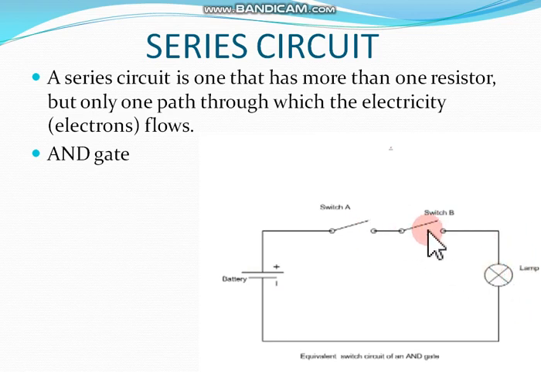But if one switch is open and another one is closed, electricity will still not pass through because it only has one path, which is this one. It has to go through this same line to reach the lamp. So if at all one of these switches is open, it won't go on. If they are both closed, that's when electricity can go through. Or if both are open, still power won't go through.